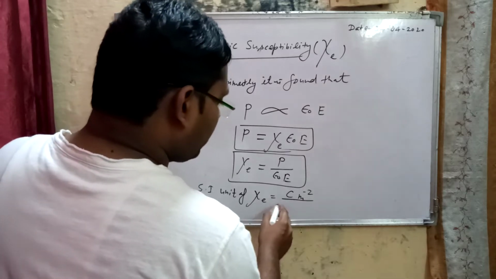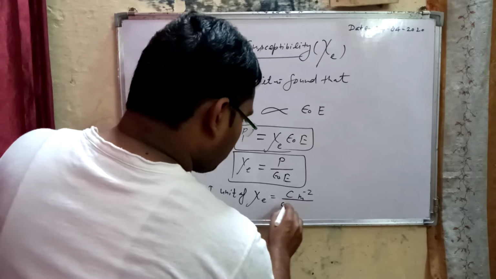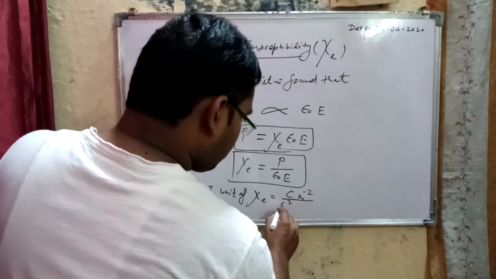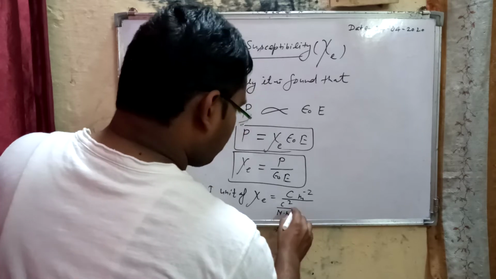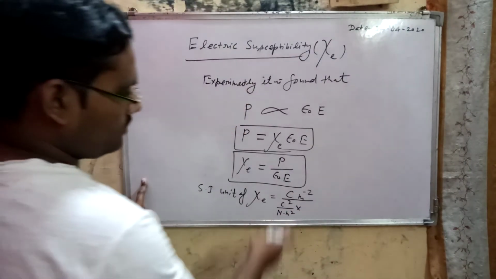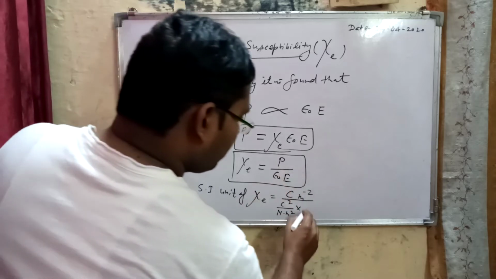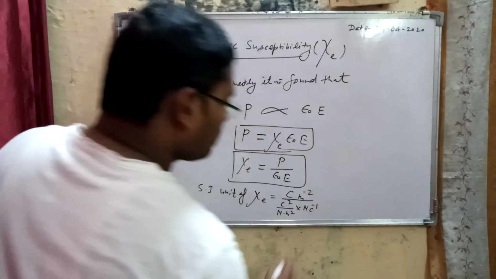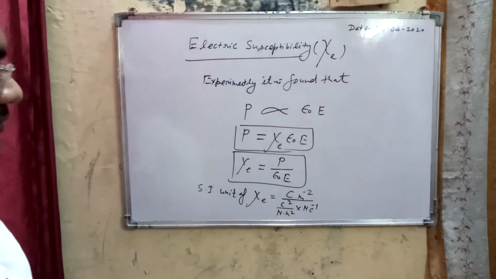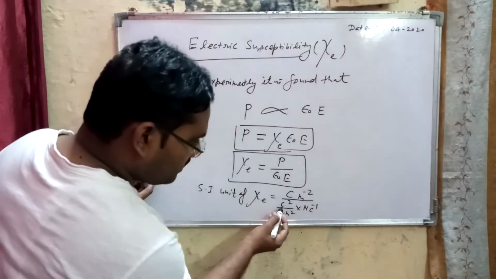The SI unit of epsilon naught is Coulomb square per Newton meter square, into the SI unit of electric field, Newton per Coulomb. Now we solve here.